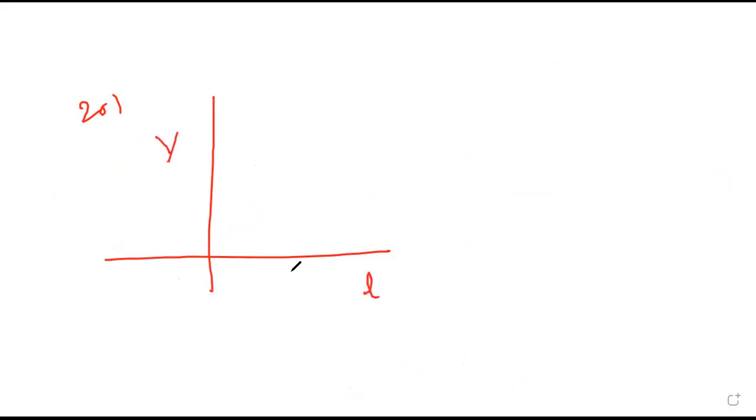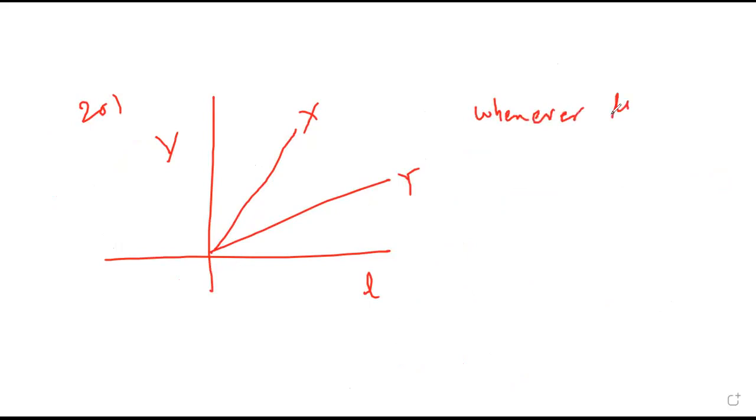20th. The figure shows the variation of potential difference against length for two potentiometers X and Y. See, whenever you see two graphs, this is the rule.